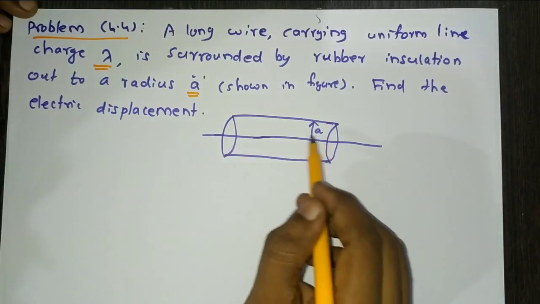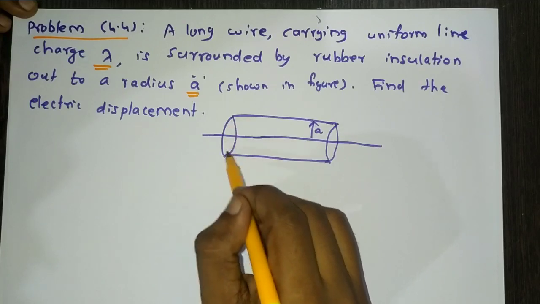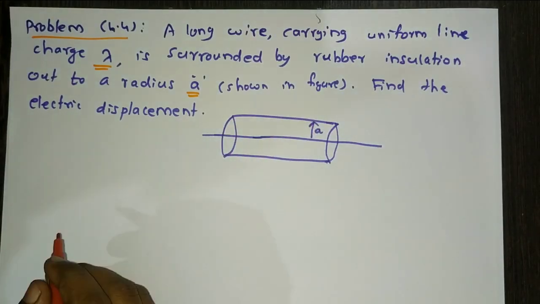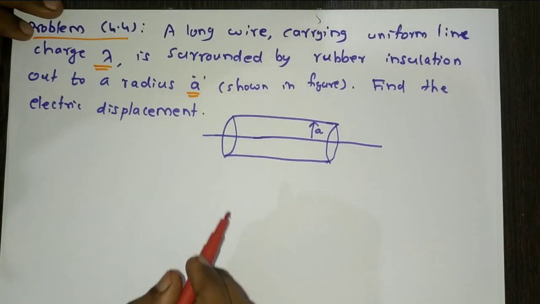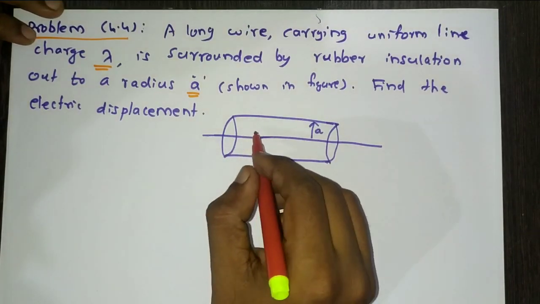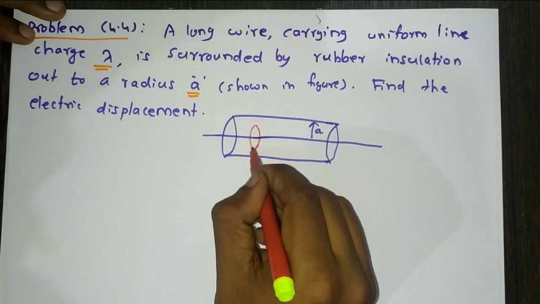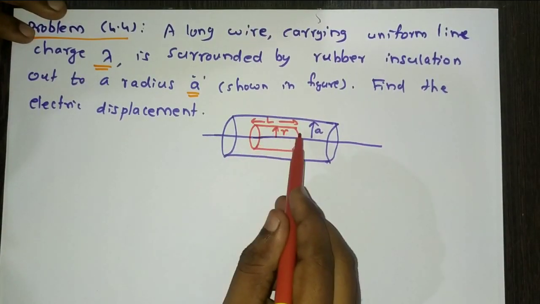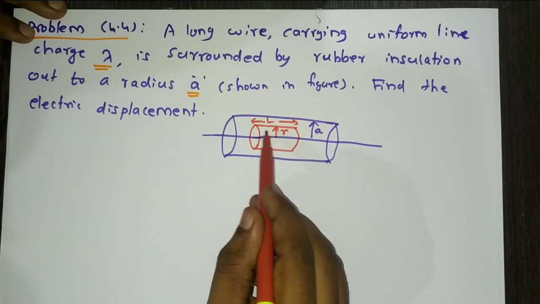This is a long wire that has a charge density lambda and radius A. Find the electric displacement. To solve this problem, let me draw a Gaussian surface. This is a cylindrical Gaussian surface of radius r and length L.